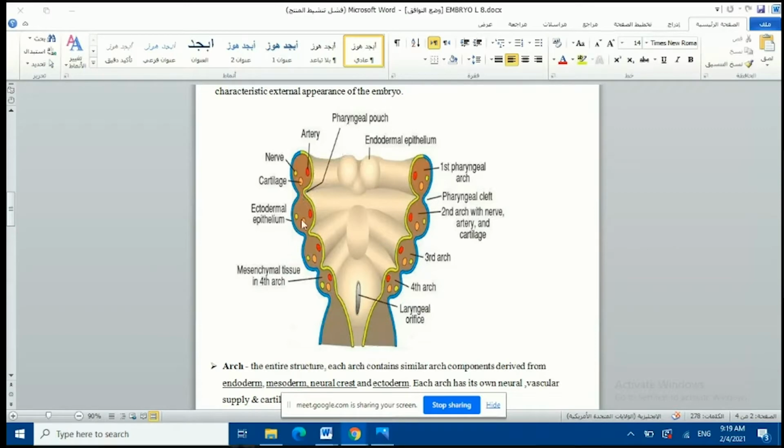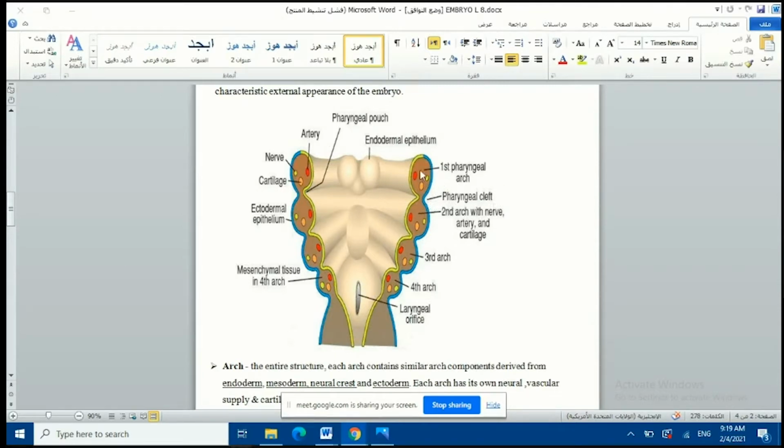This picture is important, I will bring it and point at it and ask about it. So we have the pharyngeal arch. Each has artery, nerve, cartilage, and is separated from inside by the pharyngeal pouch, and separated externally, from outside, by pharyngeal clefts.